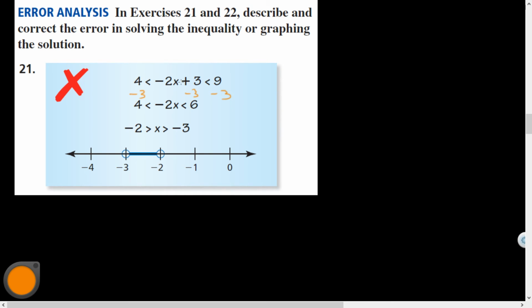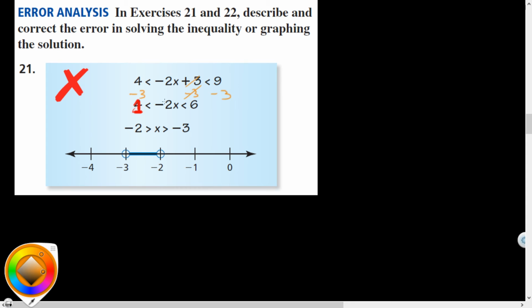Oh, I think I spotted their mistake already. 9 minus 3 is 6. This one would have just become negative 2x because those would have swiped out. And then I found their mistake right here. 4 minus 3 is 1. So it looks like they forgot to subtract it from all 3 sides.